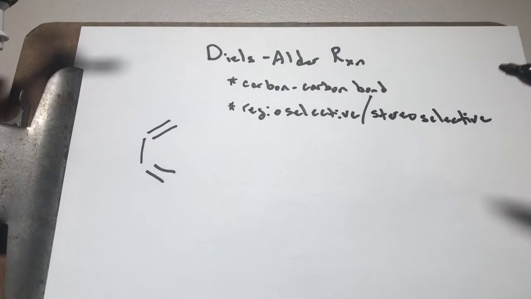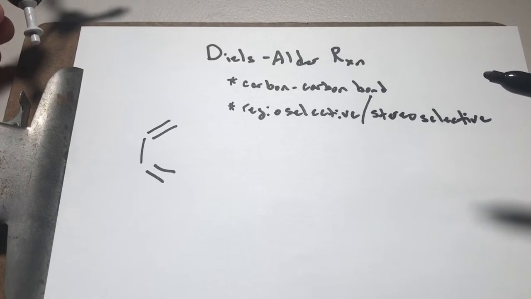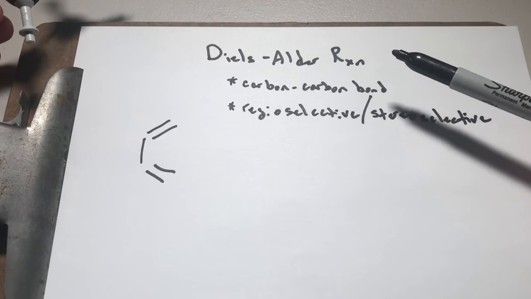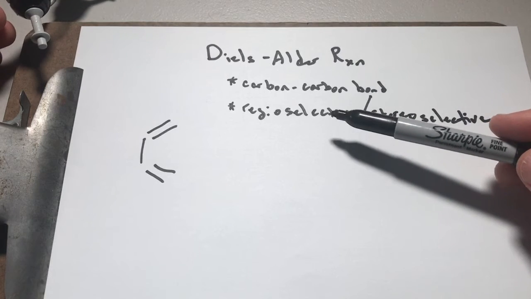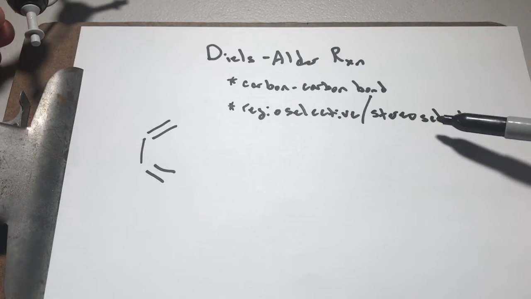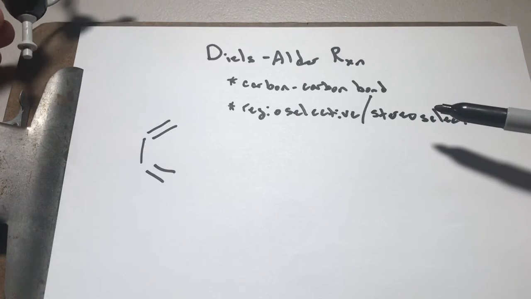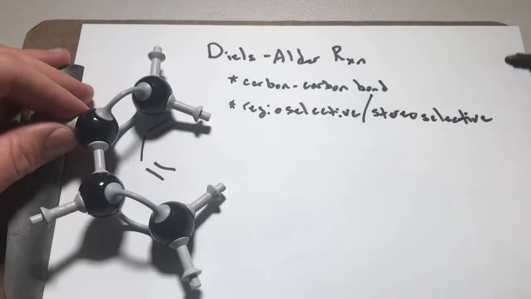Keep in mind, reactions that have these characteristics are also really important. So we have something that is a carbon-carbon bond former, something where we can get really specific regioselectivity, which we'll probably talk about in a future lecture video, and also stereoselective, that we'll talk about in a future video lecture. So it's good to keep that in mind to start off with.